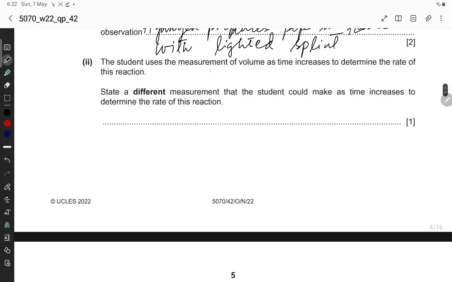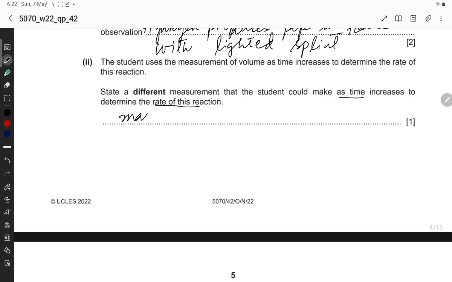The student uses the measurement of volume of gas as time increases to determine the rate of reaction. State a different measurement that the student could make as time increases to determine the rate of the reaction.